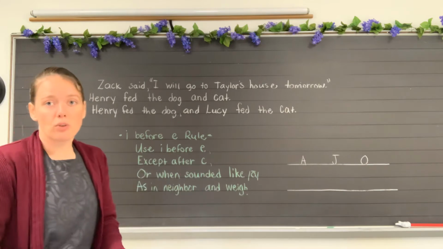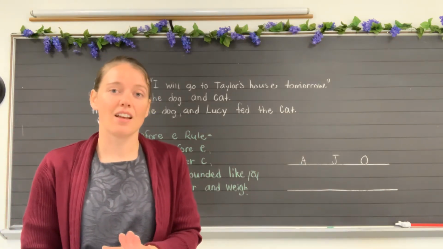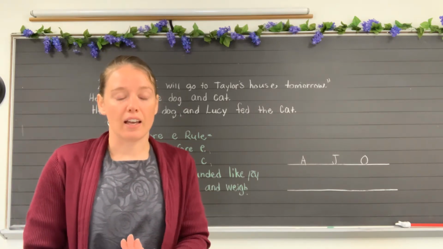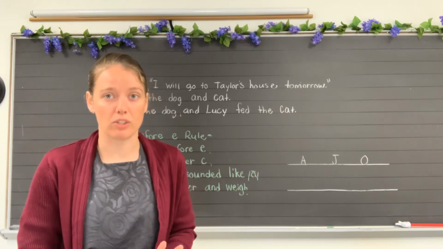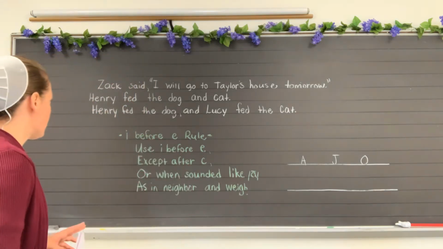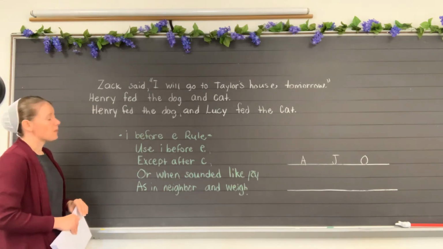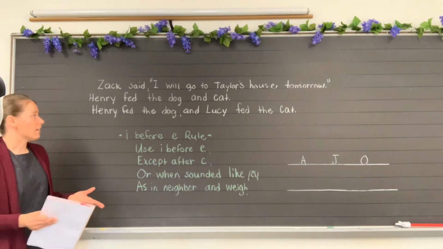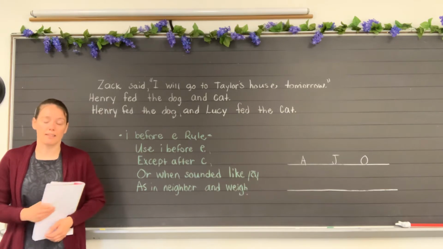Okay, now back to our thought of compound sentences. Compound sentences are two sentences that are in one sentence, and they get a certain punctuation mark inside the sentence, which is a comma. So let's look here at the next two sentences. The first one says, Henry fed the dog and cat. And the next one says, Henry fed the dog and Lucy fed the cat.